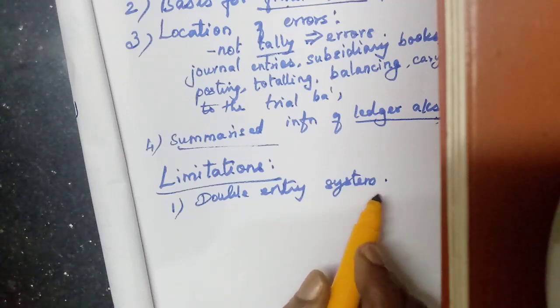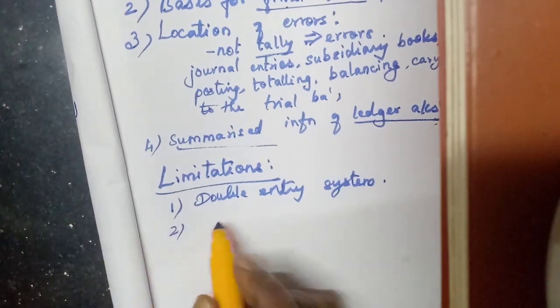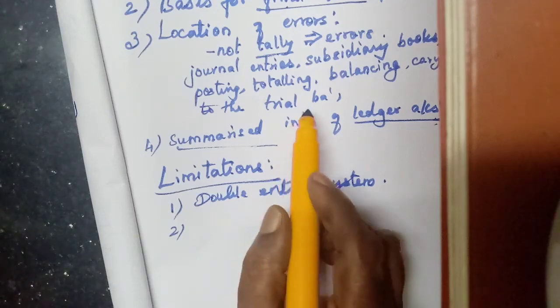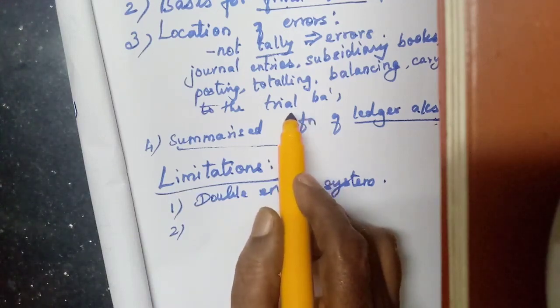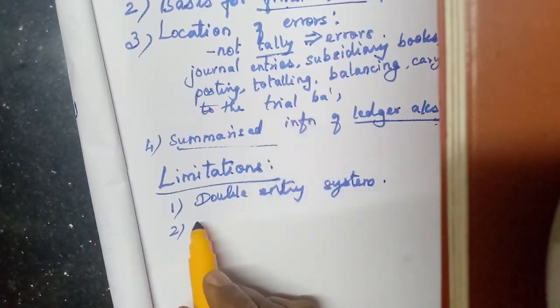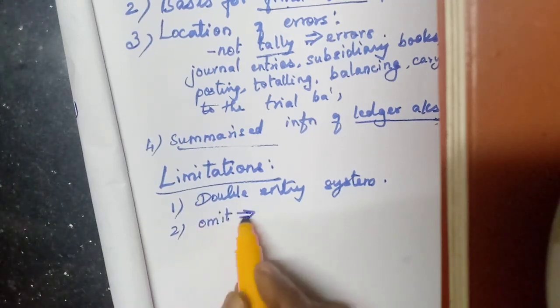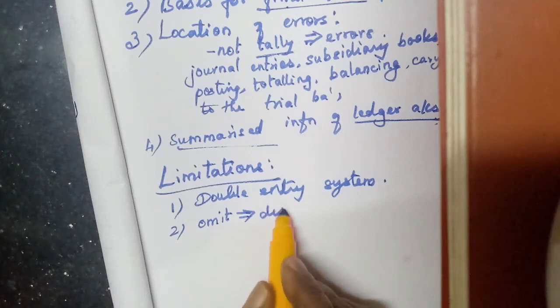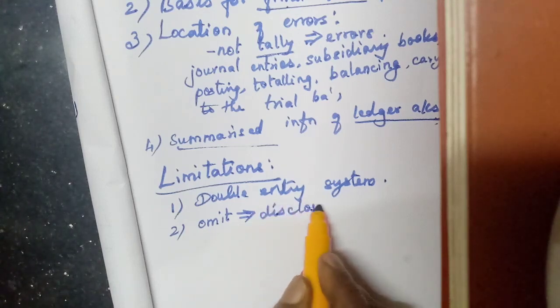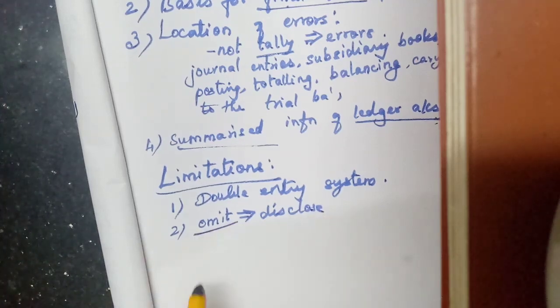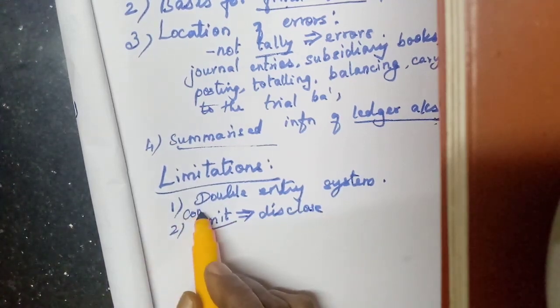And one more place, the errors. One limitation we have learned is that if some mistake is there, we can rectify it. But if we omit some transaction, this will not be disclosed. The trial balance will not disclose this type of error, a complete omission.